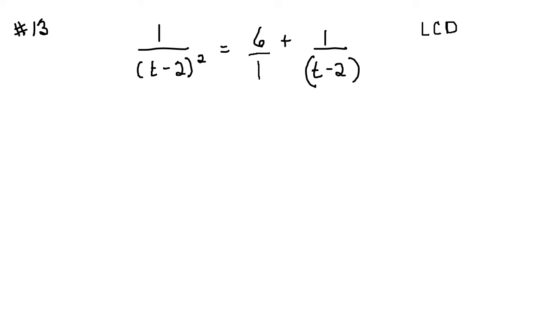Because we have a t minus 2 squared, which is the same thing as t minus 2 times t minus 2, our least common denominator here is going to be t minus 2 times t minus 2, basically 1 of every denominator that's sitting down here.